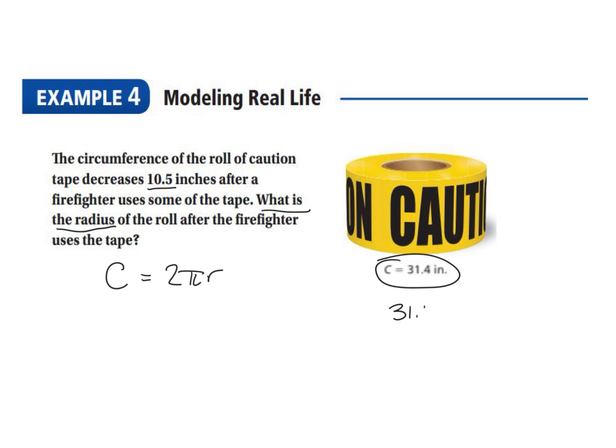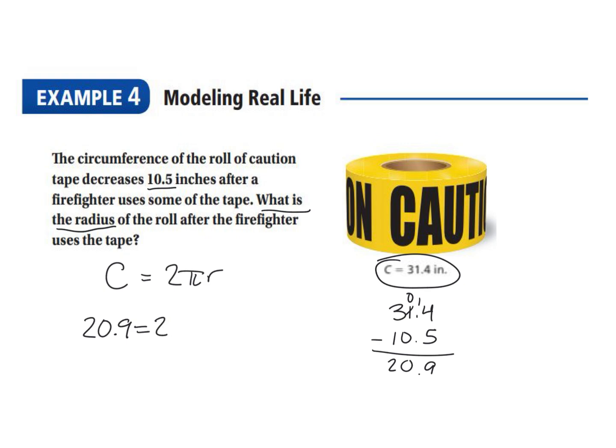It was 31.4, but I'm going to take away 10.5 of that. Going through this, I get 9, 0, and 2. My new circumference after I've used the caution tape is 20.9.